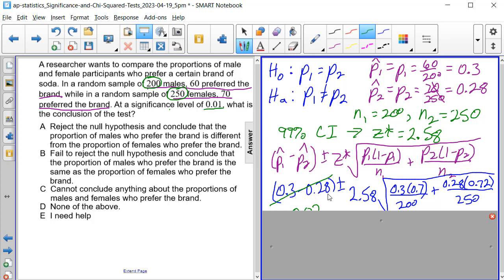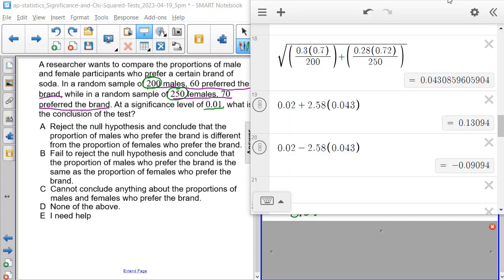And now we can reduce 3/10 minus 28 hundredths to be 2 hundredths, plus or minus 2 and 58 hundredths times the square root of 3/10 times 7/10 over 200 plus 28 hundredths times 72 hundredths divided by 250. If we substitute what was in the square root into a calculator, we get about 43 thousandths.